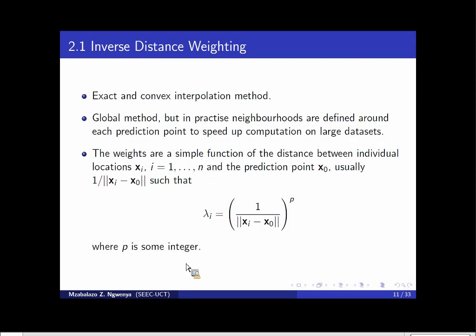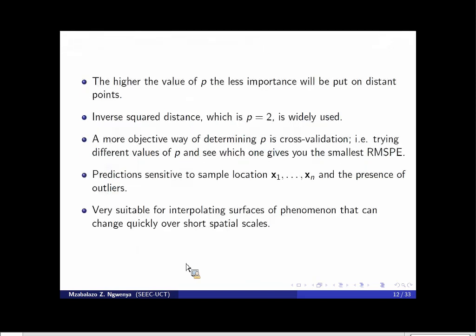Then this parameter p is any integer. When you are using the method, you have to determine the value of p. As we've noted already, there's no objective way of determining p, and from your experience, you might then say, I think p equals 2 is good, p equals 3 is good, and so on and so forth. What commonly happens is that they use p equals 2, which is the inverse squared distance.